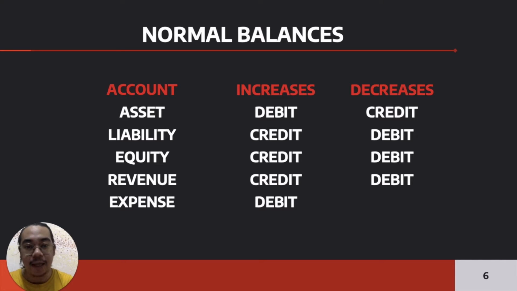Siyempre, debit. Kasi yun yung kanyang normal balance. While decrease in expense should be credited. So, I hope that na-gets ninyo yung mga normal balances natin at kung kailan siya gagamitin, kung debit ba or credit every time mag-increase or decrease ang isang account.